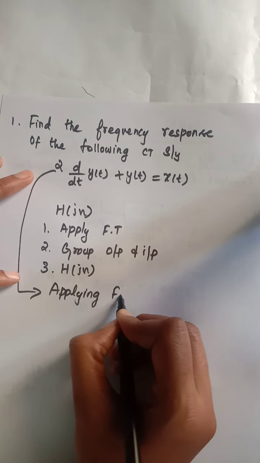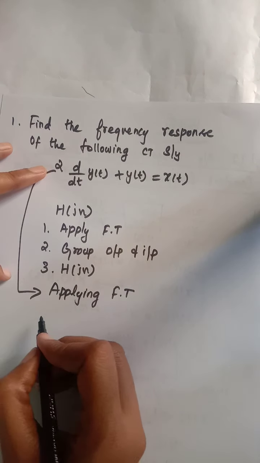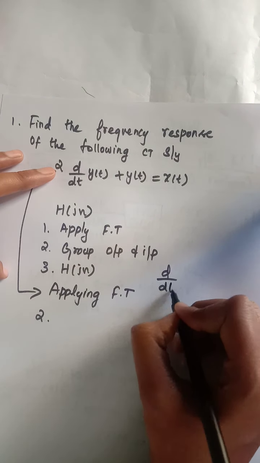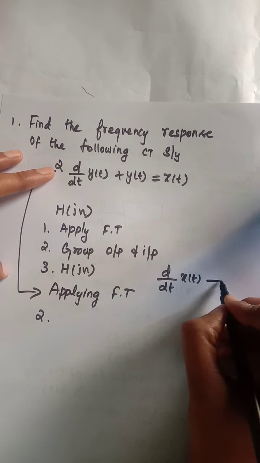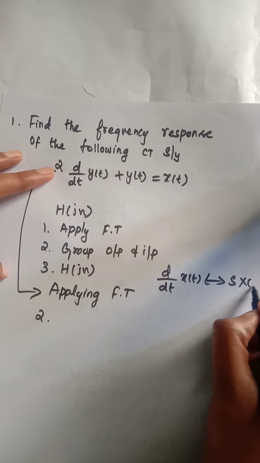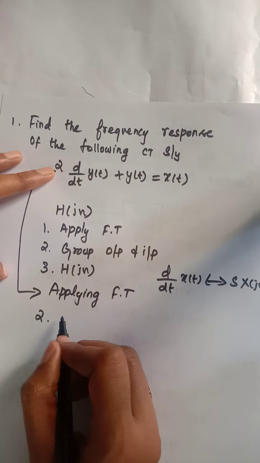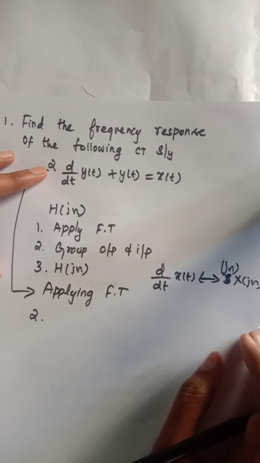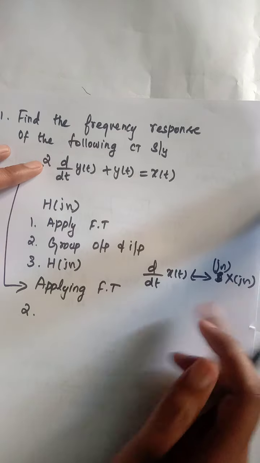Applying the Fourier transform, you will get 2 into the Fourier transform of d by dt x of t, which is j omega into X of j omega.